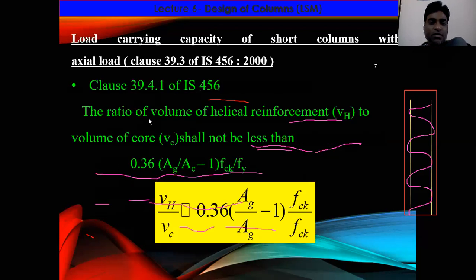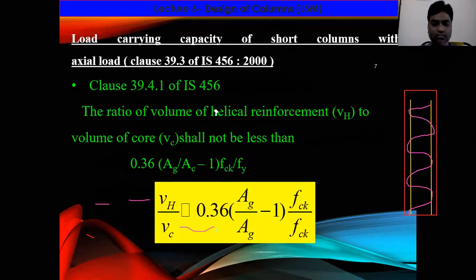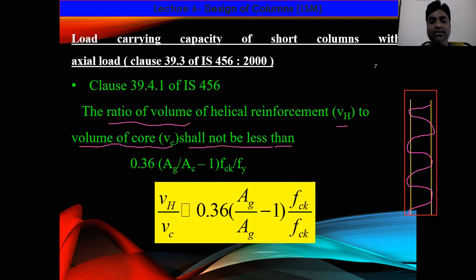That is the ratio of the volume of helical reinforcement, that is Vh, to the volume of core Vc, shall not be less than 0.36 (Ag by Ac minus 1) into fck by fy.